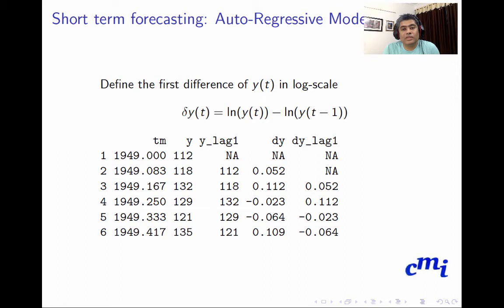This is also known as the log return in quantitative finance. We are using that same log return concept here as well. Other than this, we also calculate the first difference of yt in the log scale and create its lag values also.